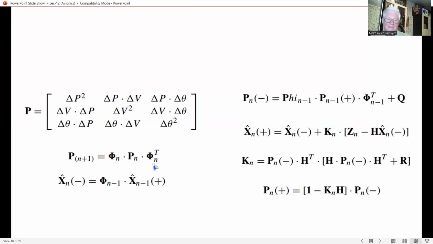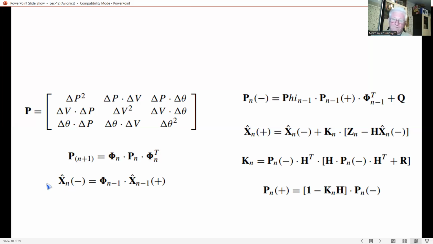Okay, so the use of the Kalman filter equations is briefly set out now. The purpose of the Kalman filter is to provide an optimum estimate of the system state error, denoted by X hat.